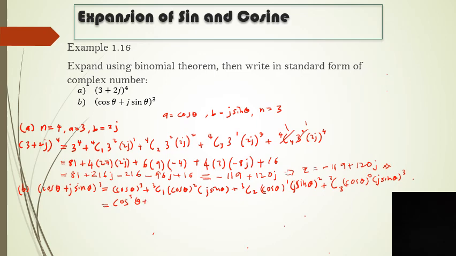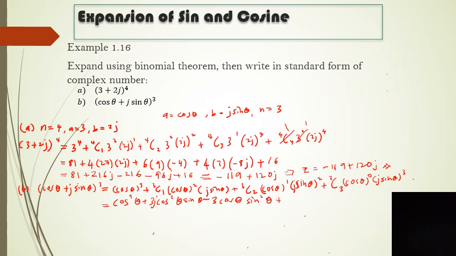3C1 is 3 cos^2 theta sin theta. Okay, j we put here to avoid confusion. Plus 3C2 is 3, cos theta to the power 1 is cos theta. j^2 sin^2 theta is sin squared theta, and j^2 is negative 1, so we change it to negative here.